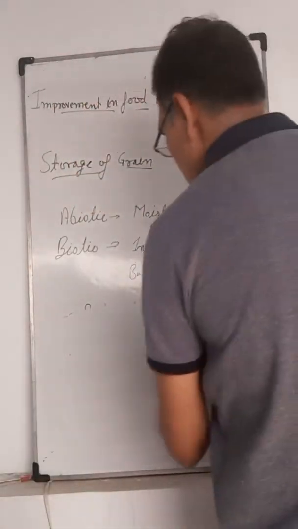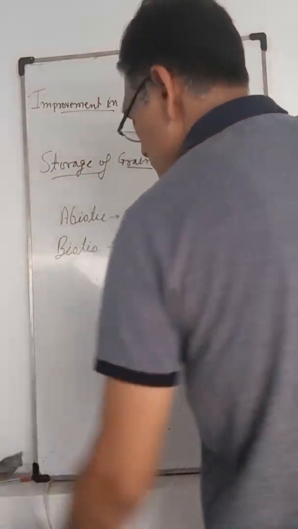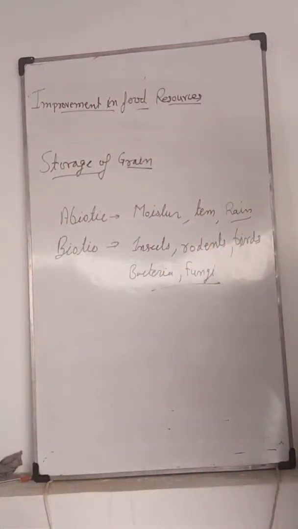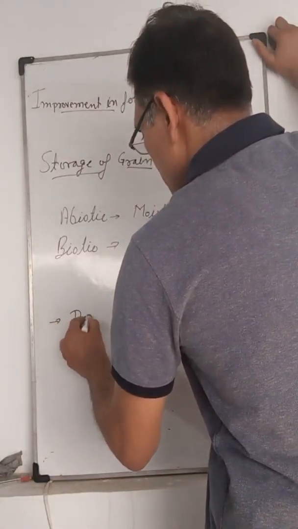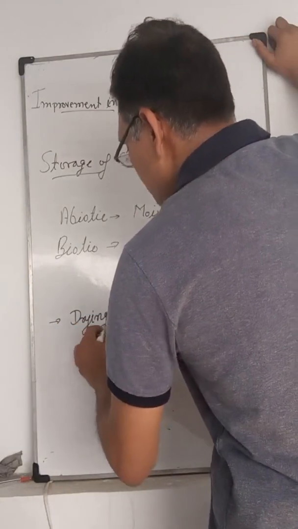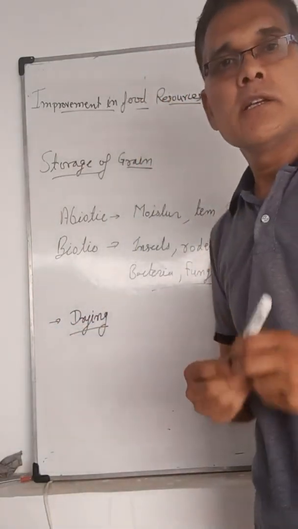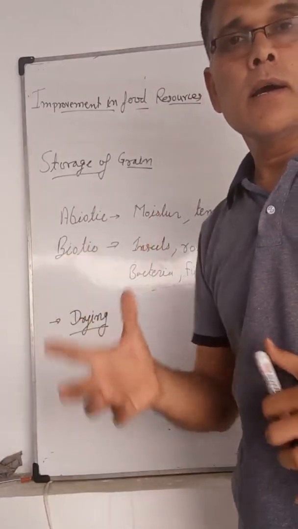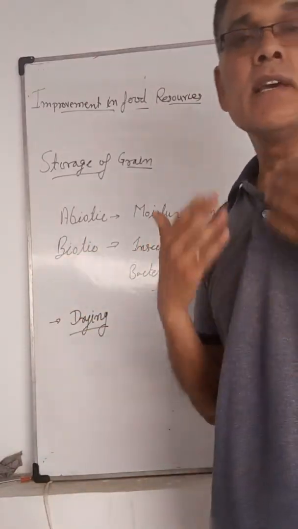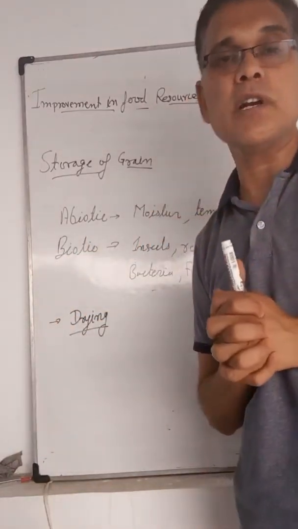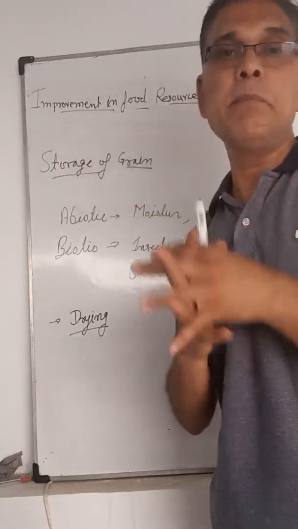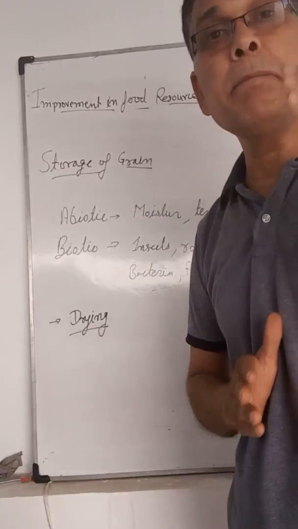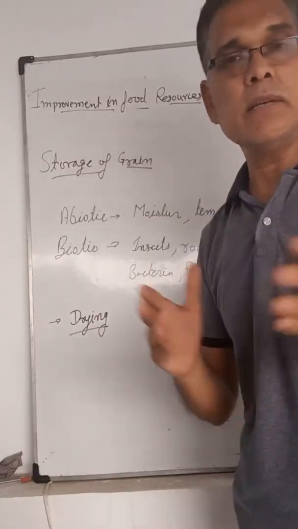How do we reduce the storage losses? Proper drying. By proper drying on a cemented floor or plastic sheets, we can reduce their moisture content, to less than 15% moisture.